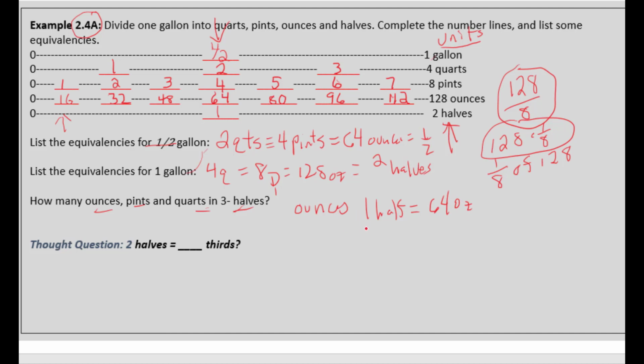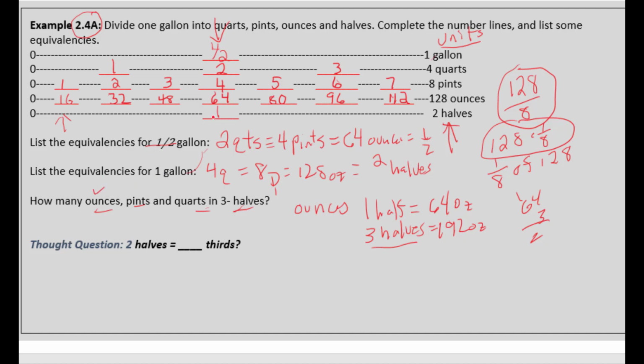So if I triple this to 3 halves, I'm going to triple this, which is just 64 times 3, or 64 plus 64 plus 64, right? That'd be 192 ounces. So that's what 3 halves is in terms of ounces.